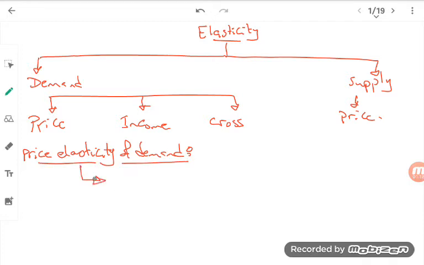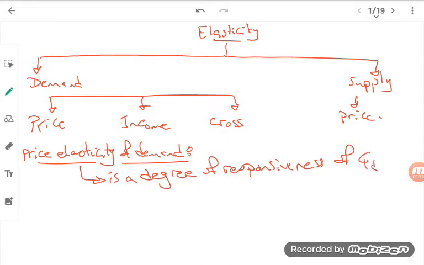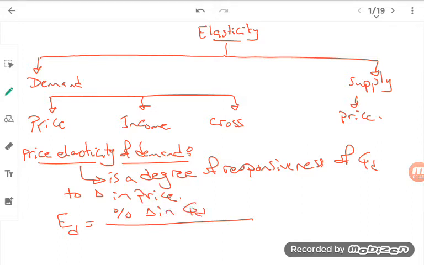As we said, it is the degree of the responsiveness of quantity demanded to change in price. It's calculated as percentage change in QD divided by percentage change in price.